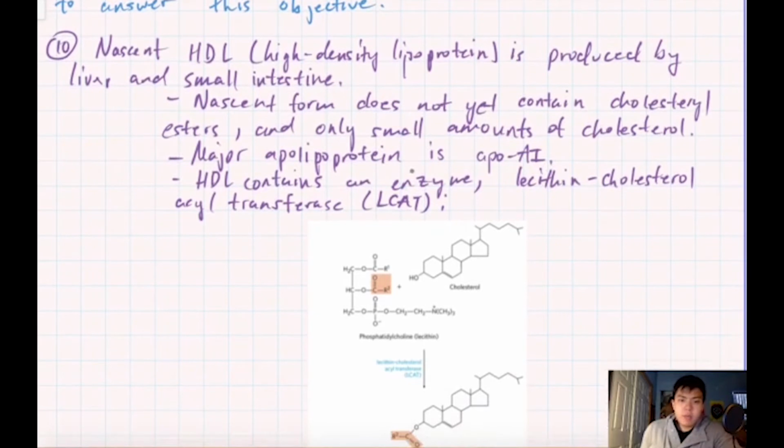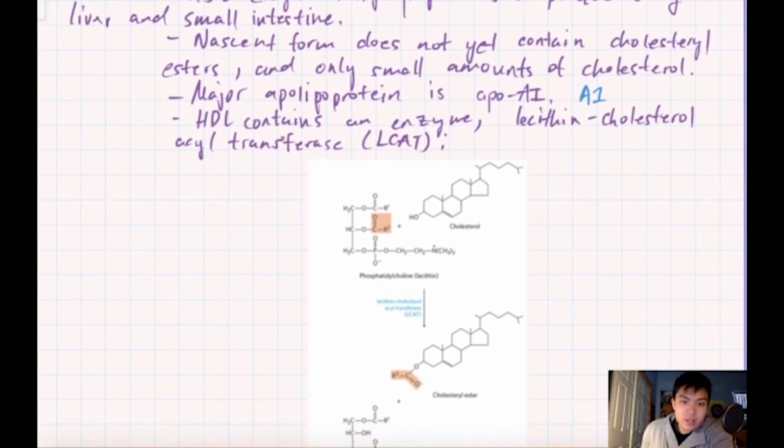The major apolipoprotein is ApoA1. Sorry if that's hard to read. This is A1, like the steak sauce. And it's also going to contain an enzyme, LCAT. We talked about ACAT earlier; this one's LCAT, called lecithin cholesterol acyltransferase.